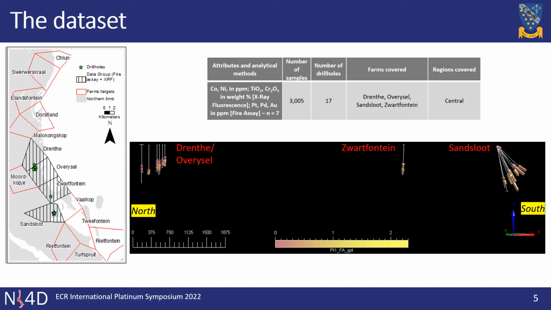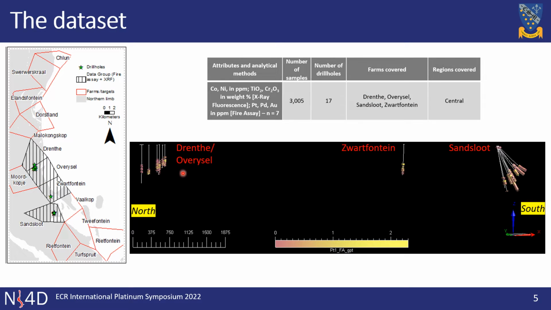So the data set I will show you guys details and results today is a data set of cobalt and nickel in ppm, titanium and chromium oxide that have been determined by X-ray fluorescence, platinum, palladium and gold assay results determined by fire assay over 3,005 samples over 17 drill holes on these four farms here in the central part of the northern limb.